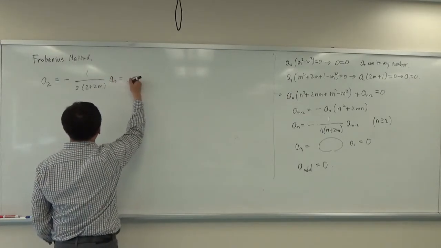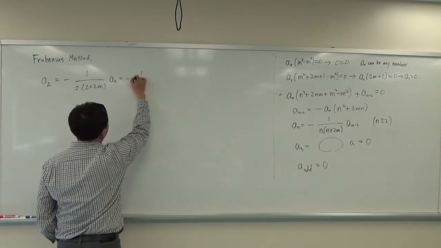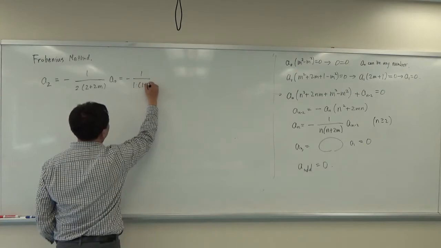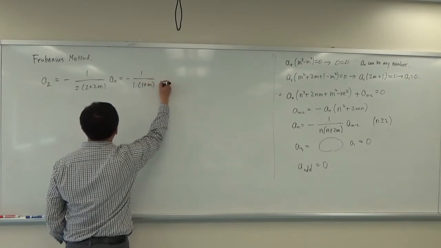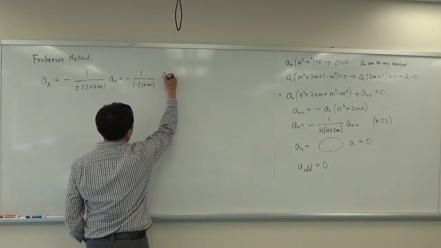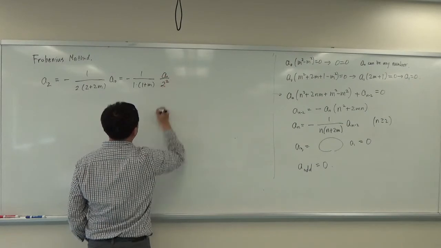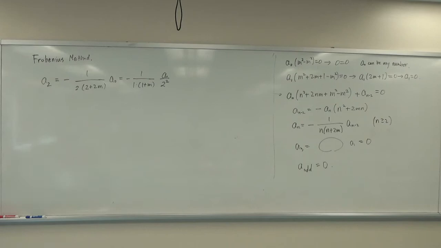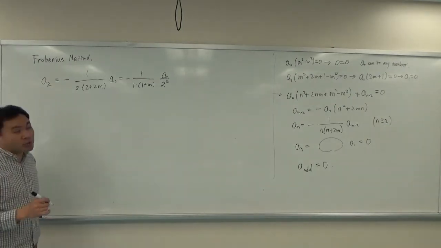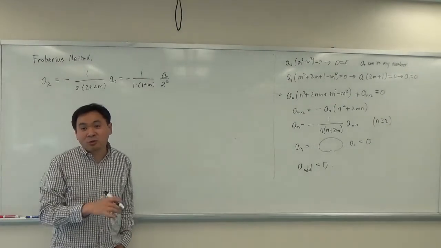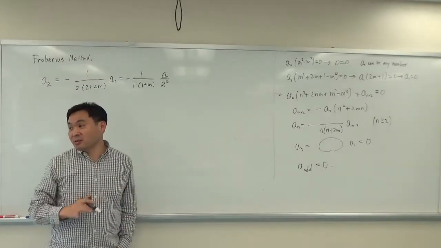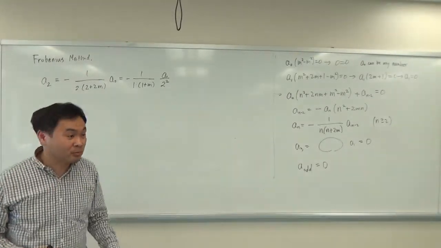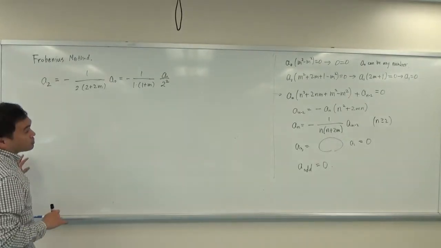So this is negative 1 over 1 times (1 plus m) times a0 over 2 squared. Now, I don't want to write 4 because I know what the answer should be. If you write it in this form, it's going to follow some pattern.